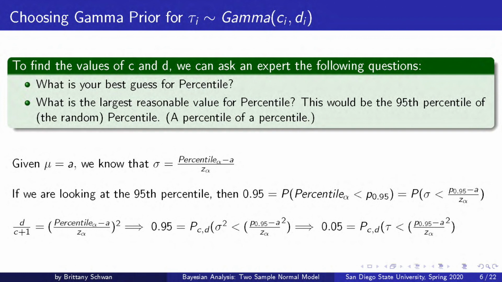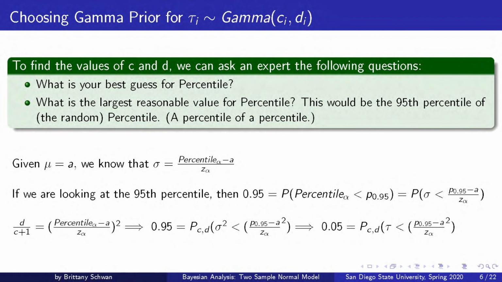Finding the hyperparameters for tau is a little bit more difficult. To find the gamma prior for tau, we ask the experts about sigma or about a percentile of the data. Then we translate that information back into statements about tau. Since the data are assumed to follow a normal distribution, we know the percentile equals mu plus z alpha times sigma.